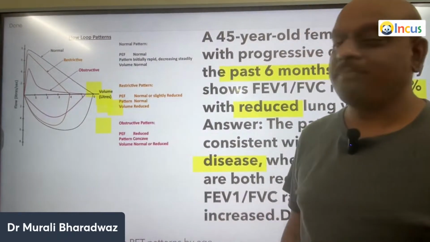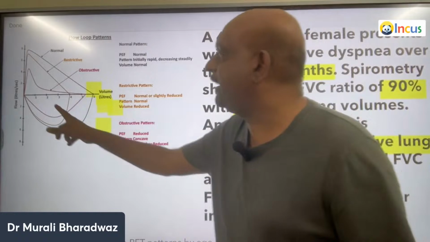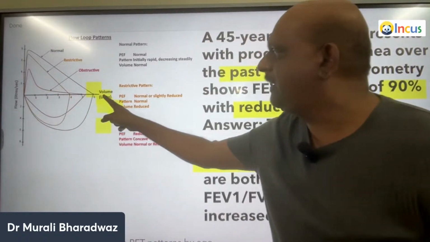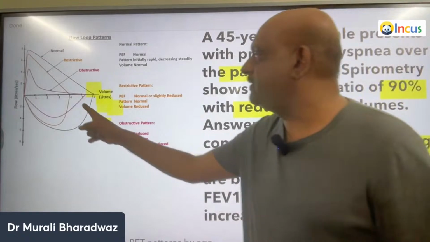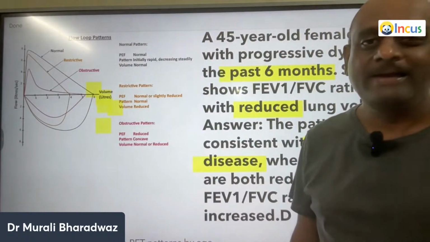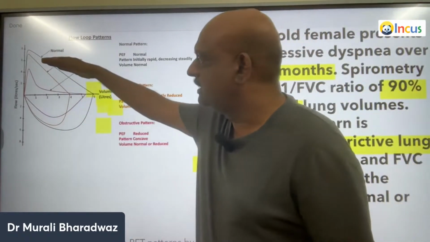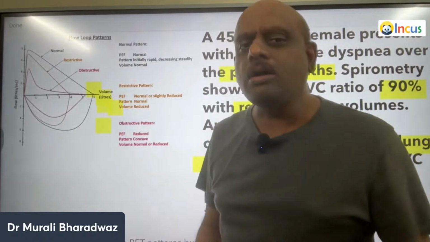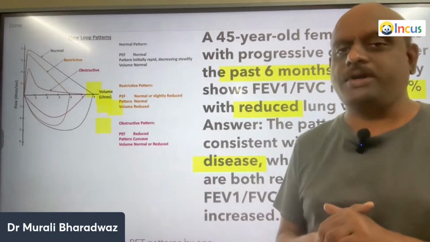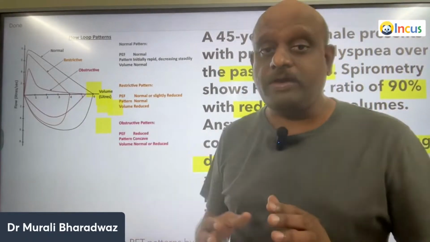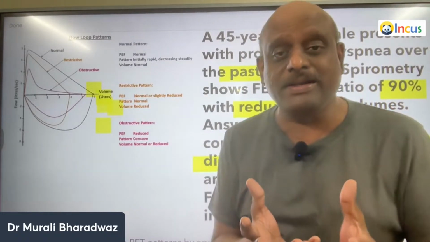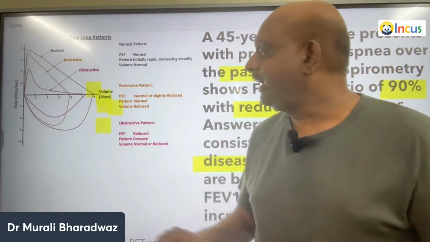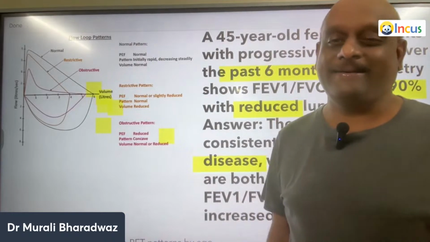How about obstructive? In obstructive, the peak expiratory flow rate is significantly reduced. And the pattern is a concave pattern. And the volume is normal or reduced. So that is what you need to remember. And a good number of times, there is also a hyperinflated lung, because of an increase in residual volume in the case of the obstructive pattern.